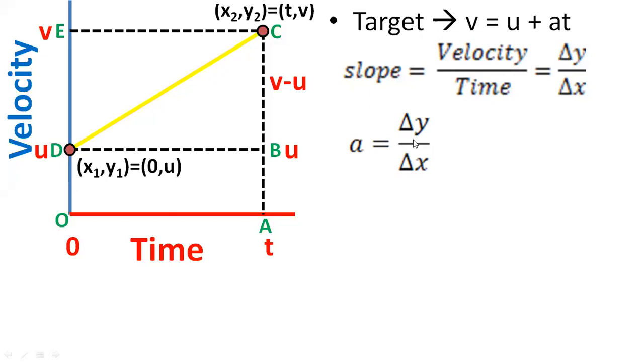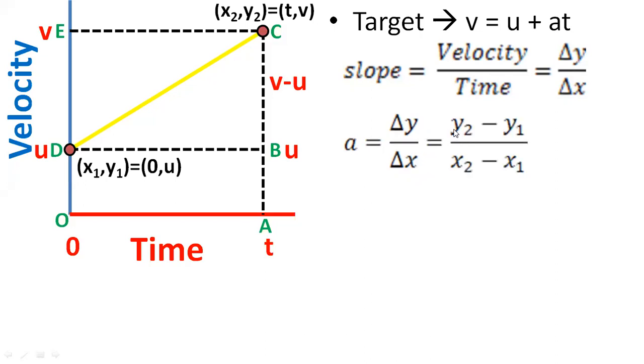Now how can we change this delta y and delta x? What is the meaning of delta y and delta x? Delta y means y2 minus y1, and delta x means x2 minus x1. So these are the things you receive. Now you already have the values of y2, y1, x2, x1. You already have those coordinates, right?